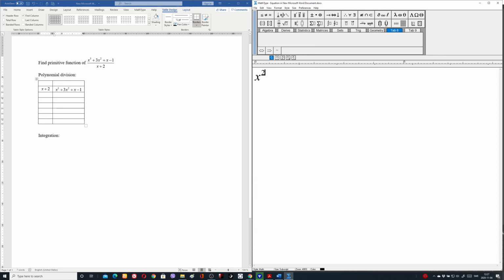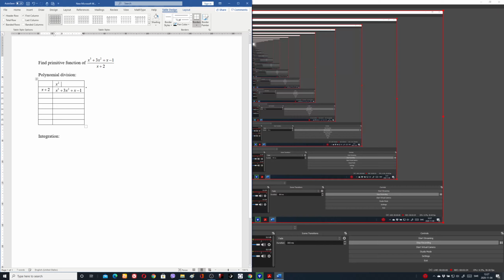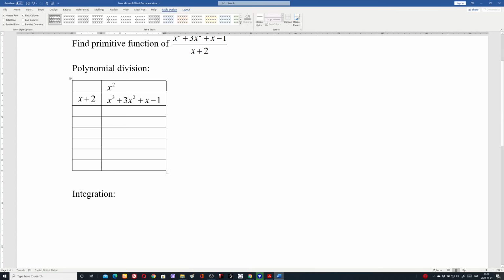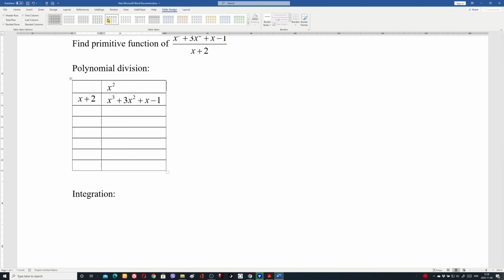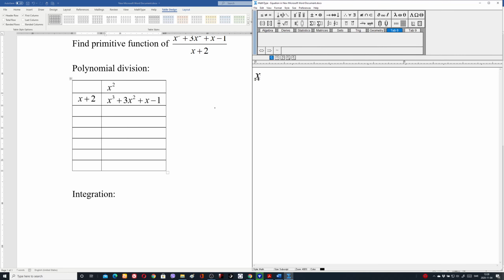So I'm saying x power 2 multiplied by x is x power 3.